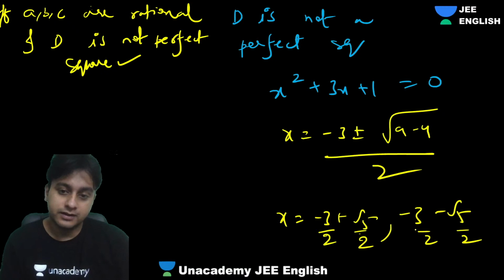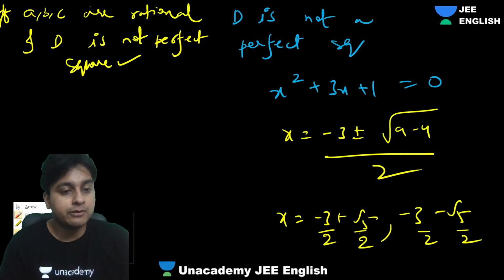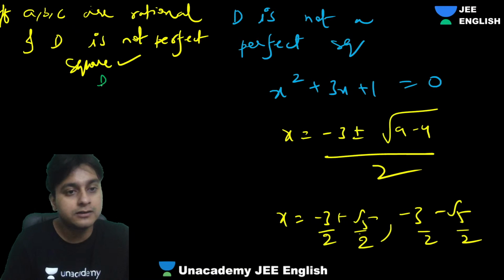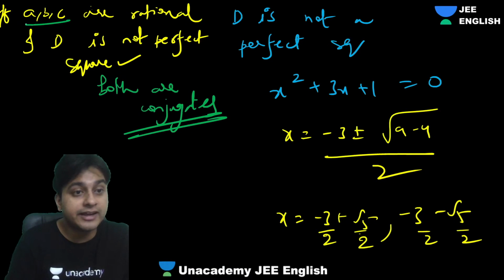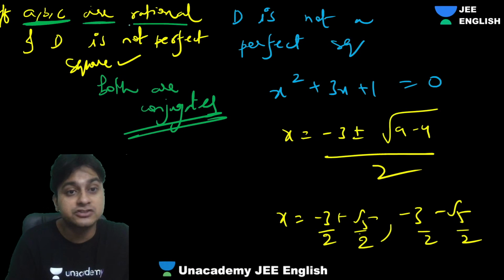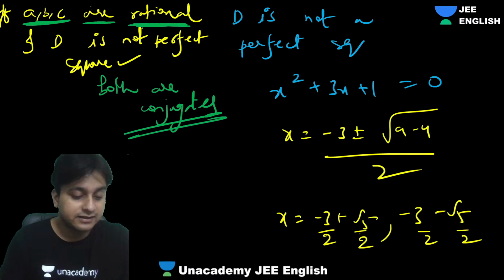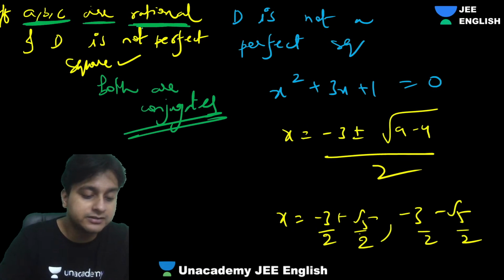Understood now? Both the roots will be conjugates. But this is very, very important: a, b, c have to be rational. Got it now? Daksh, did you get the concept?